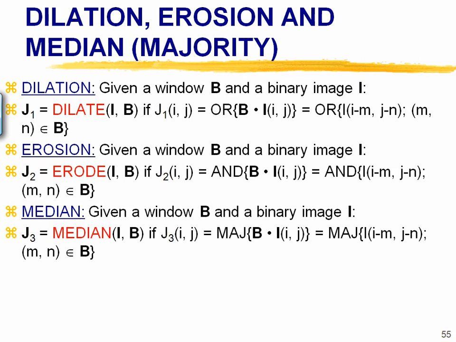Okay? So if I were to perform a median operation over my windowed set, which is a majority operation in the binary case, what I would get as a result is I would actually be able to eliminate very, very small objects as well as eliminate very small holes. But in general, it would not affect the shape of the object. Okay? It would not shrink it or make it larger. Right?